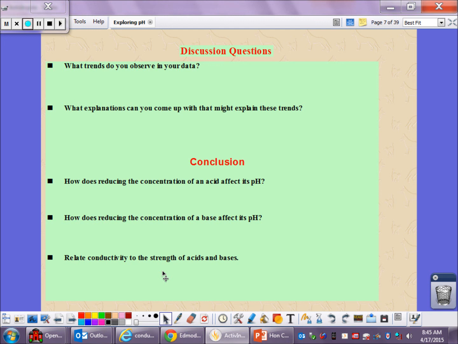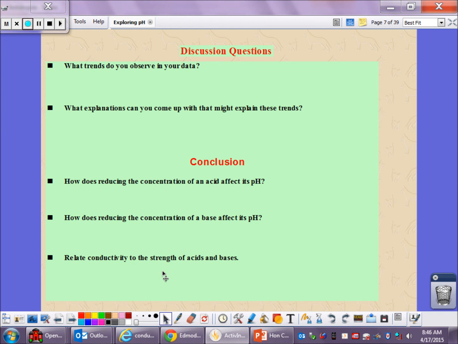Let me repeat. You need to underline or highlight that formula. You will be using it. Concentration of H plus times the concentration of OH minus equals 1 times 10 to the negative 14.